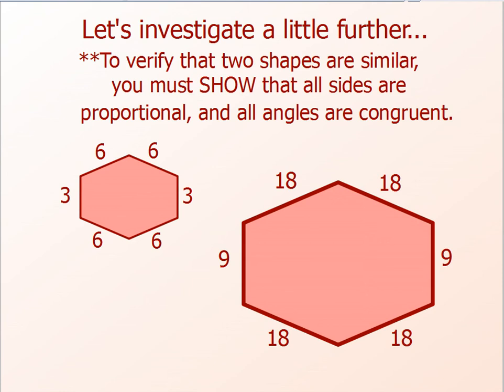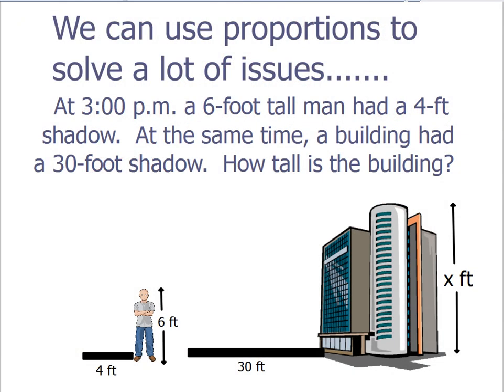One last thing before we wrap it up today. Similar figures can help us solve a lot of issues in the real world, one of which is to find heights of really tall structures. You can't exactly pull out a tape measure and measure the height of a building. That would be too hard, right?